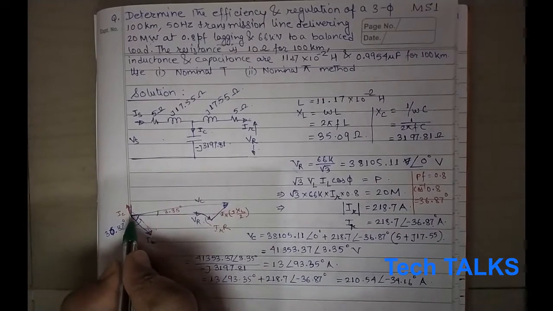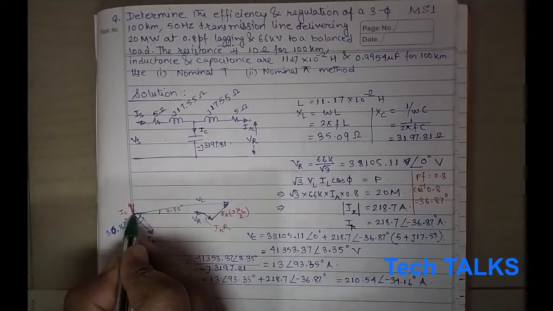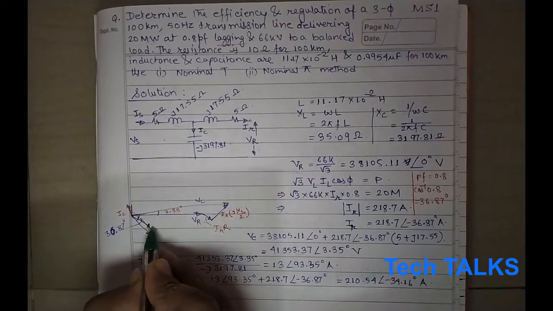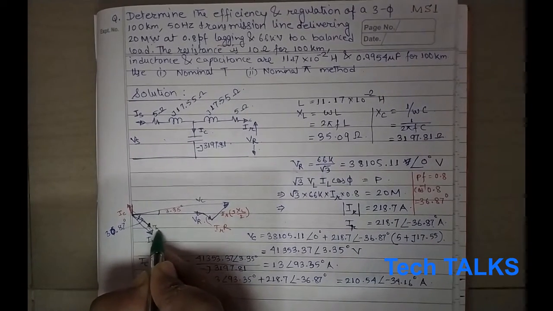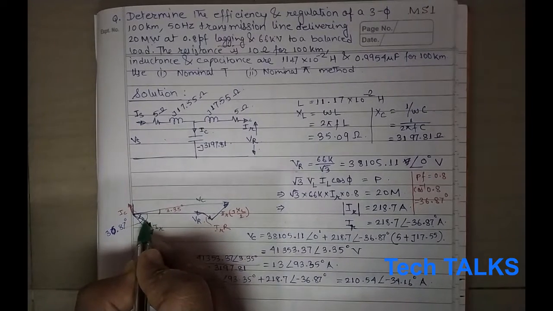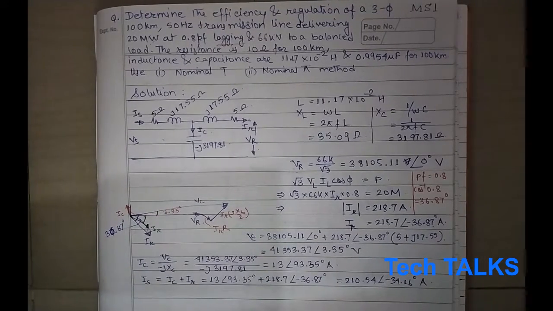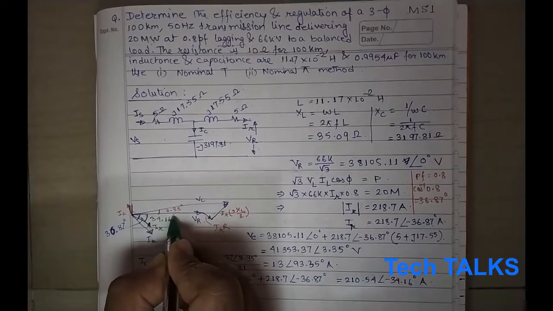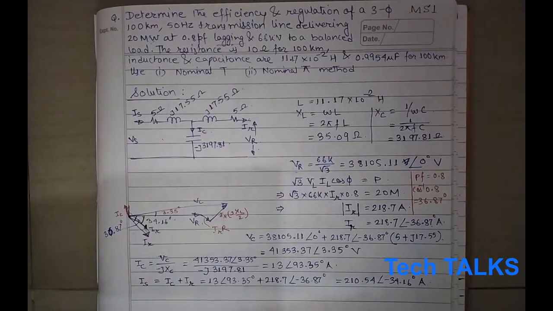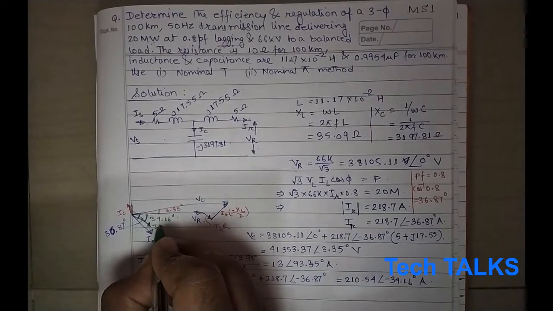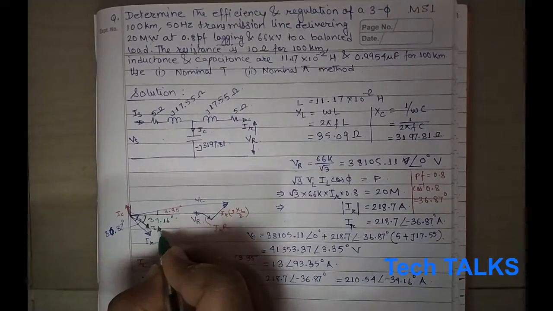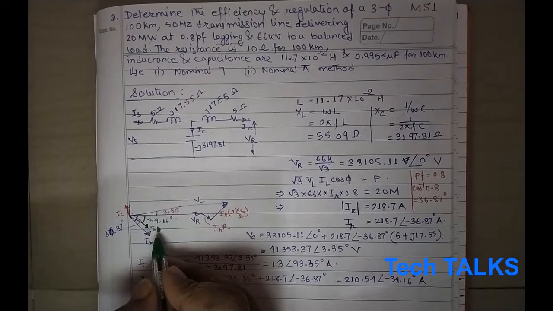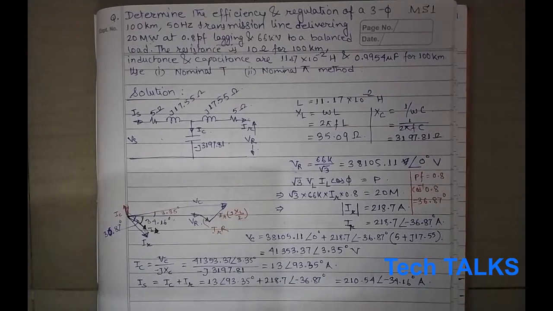You can check it yourself that IR will be lying over here. Now the angle between VR and IR is 36.87 degree. And this is IS. The angle between VR and IS is 34.16 degree.